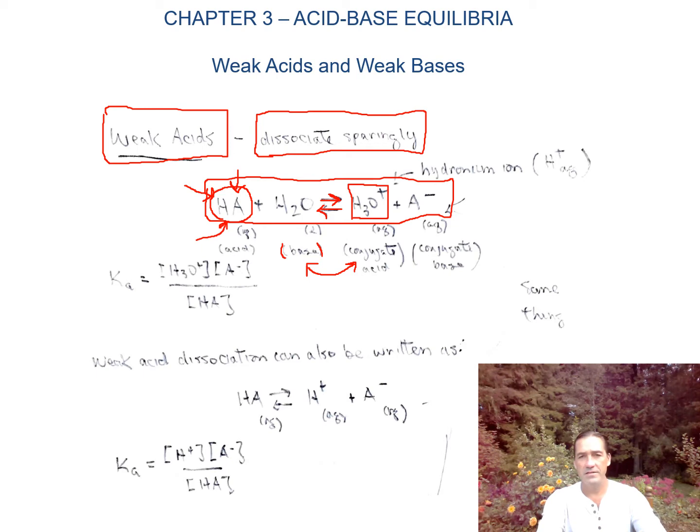This is a base to this acid, and same goes here. My weak acid has a conjugate base as well. It has its pair, it's A minus.